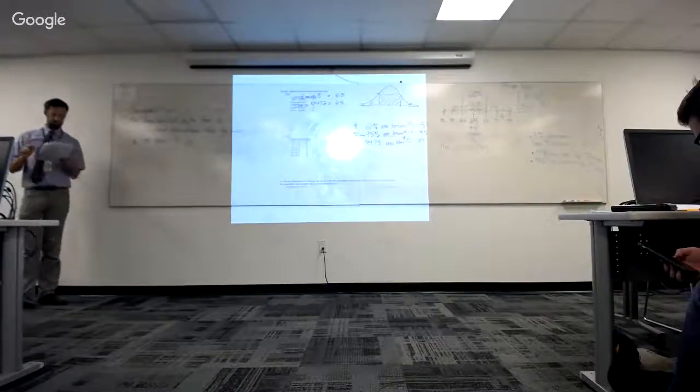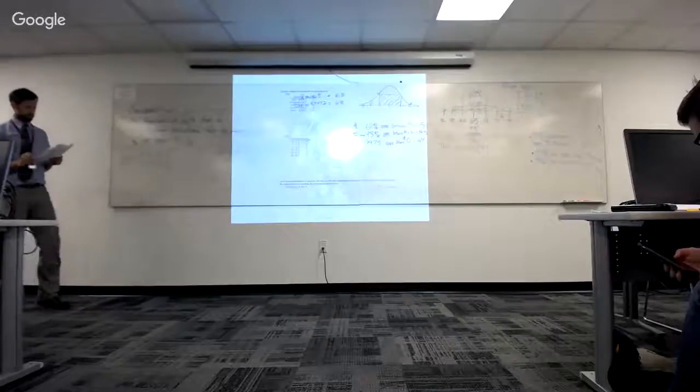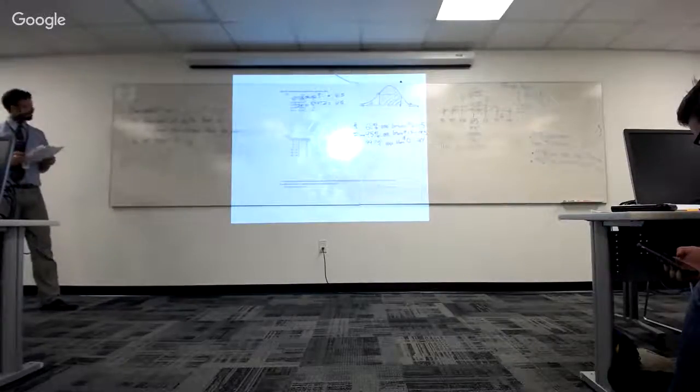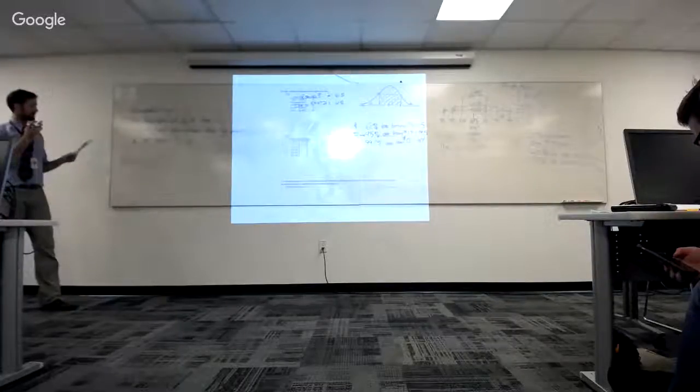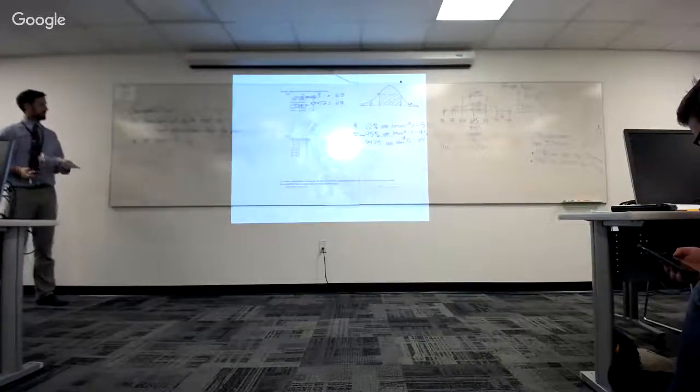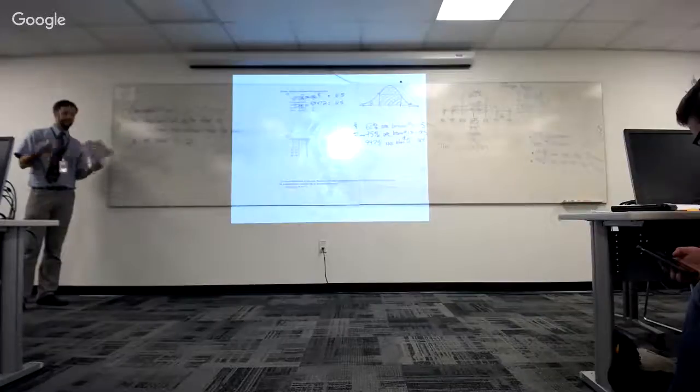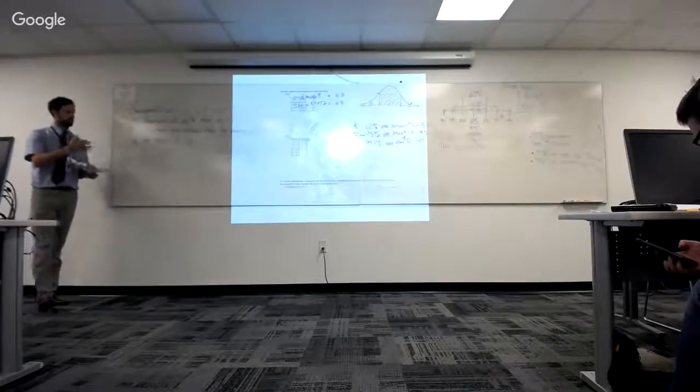And so we'll apply this a couple times to see what it means. So the fraction of the data that is within K standard deviations of the mean is at least this much. So we're saying that we have at least this many people within K standard deviations of the mean.